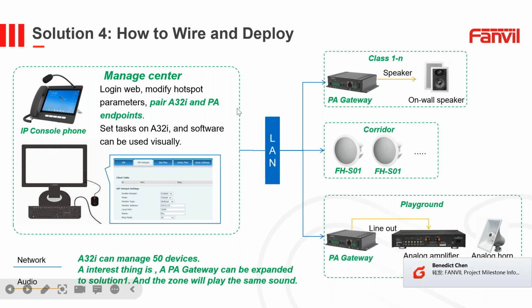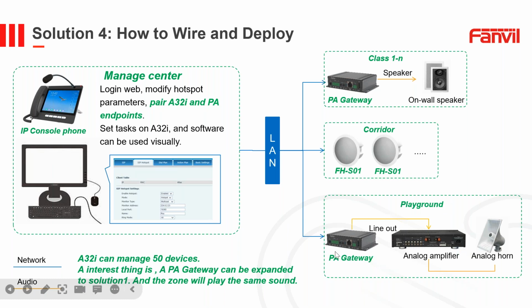Many people may ask, how many devices can A32I manage? A32I can manage 50 devices. And an interesting thing is if an endpoint is a PA gateway, it can be expanded to solution one, like the page above.